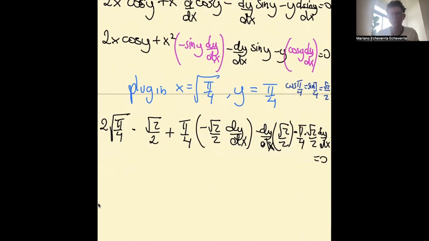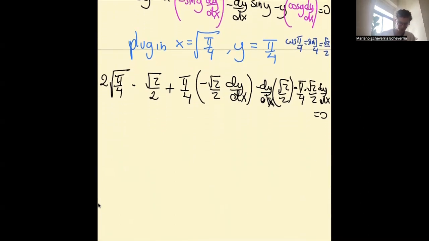So let me simplify this a little bit because it looks messy. The 2's cancel here, right? And if you want, you can move this root of 2 inside the square root, and so you get root of pi over 2.